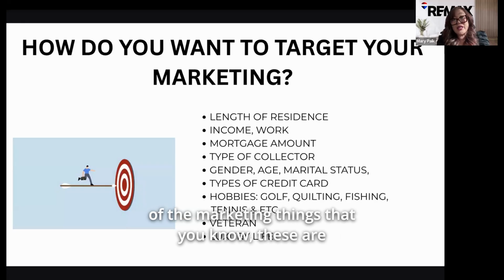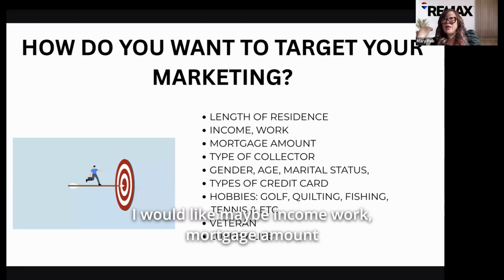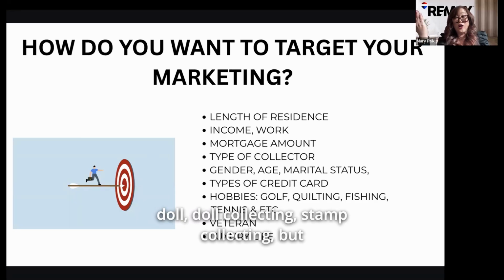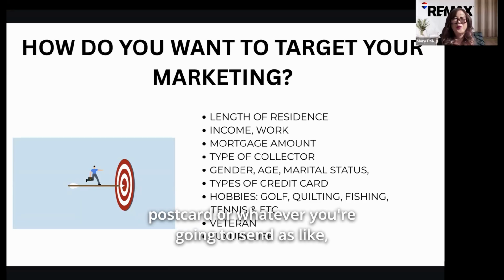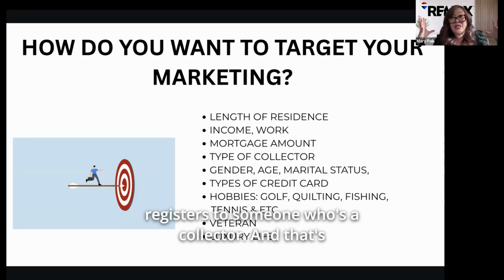These are the filtering categories, like length of residency. I would do maybe income, work, mortgage amount, type of collector. If there's doll collecting or stamp collecting, the reason they have that is maybe the postcard you're going to send has stamps on it, and it registers to someone who's a collector.